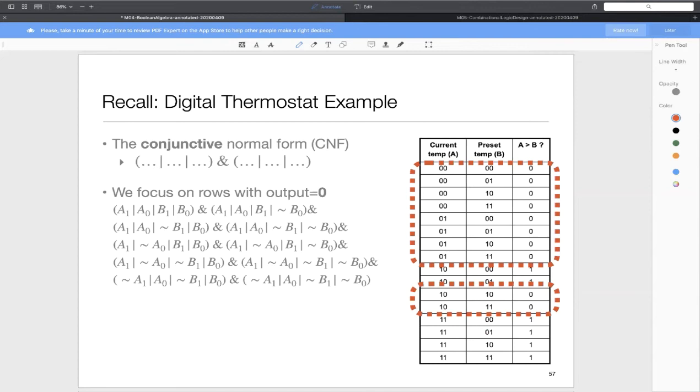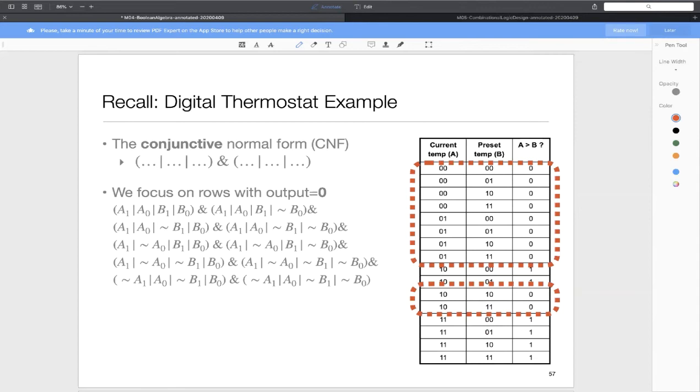So in this case, the rows where the output is 0. And basically what we want to say is that we are going to take the corresponding max terms and then AND them together. So in this example, the max term corresponding to row number 0 is A1, A0, B1, B0.